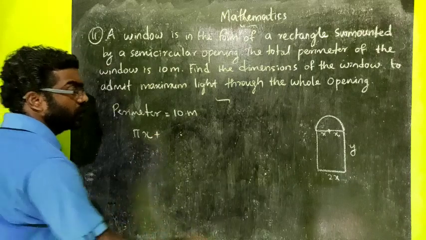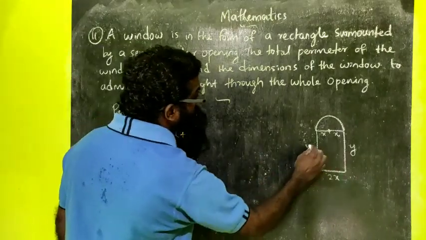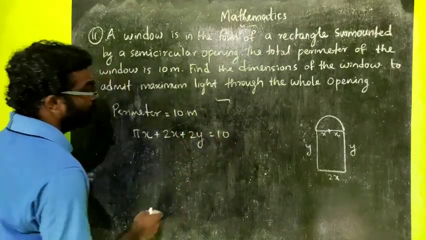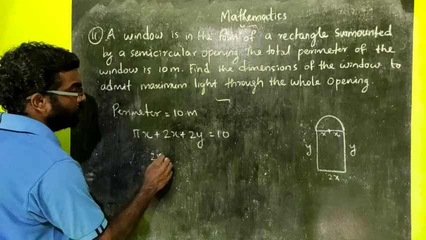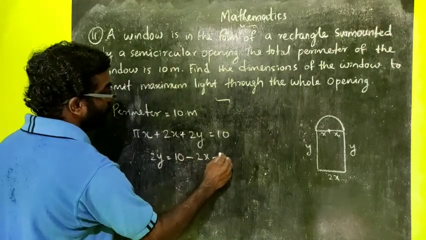Then plus 2x and y, here also y, so 2y, which is equal to 10. From this we can write 2y is equal to 10 minus 2x minus pi x.